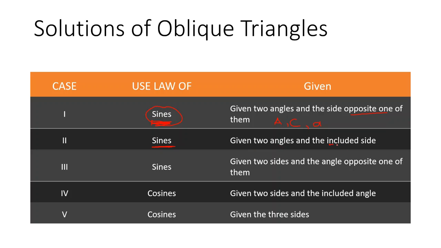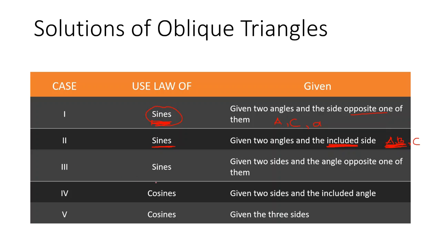When we say included side, let's say our given angles are A and B. The included side is side C. Meaning, the included side is not one of the opposite sides of A and B. The included side is the side different from the angles given.